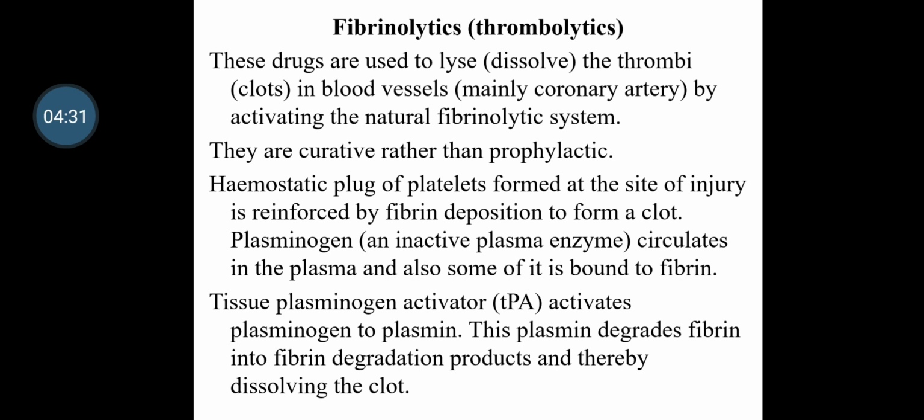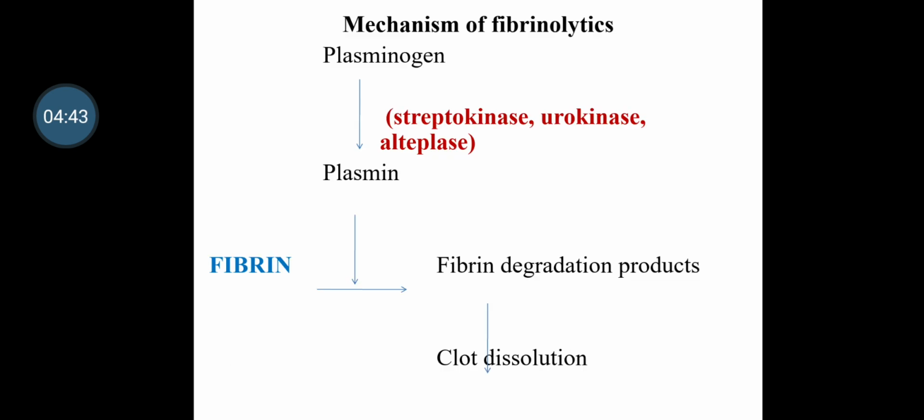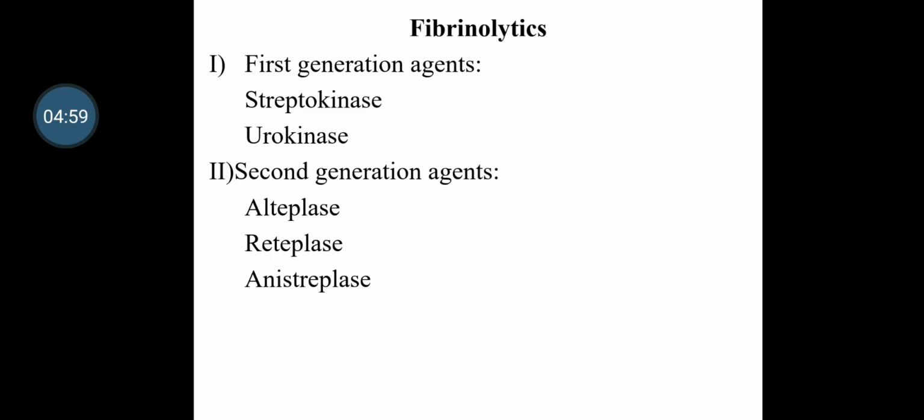For that we are using fibrinolytics. Fibrinolytics are the drugs which can convert inactive plasminogen to active plasmin. That is the main thing regarding fibrinolytics. So fibrinolytics convert inactive plasminogen to active plasmin, and this active plasmin can degrade fibrin to fibrin degradation products. That leads to clot dissolution.